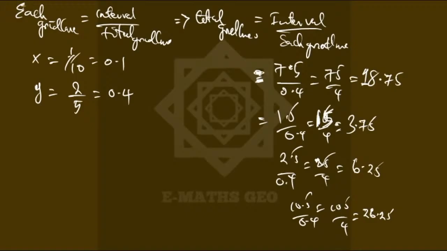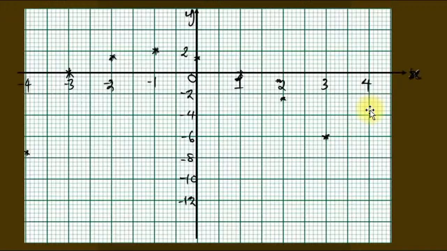So we count 26, so 5, 10, 15, 20, 25, 26.2, so somewhere here.